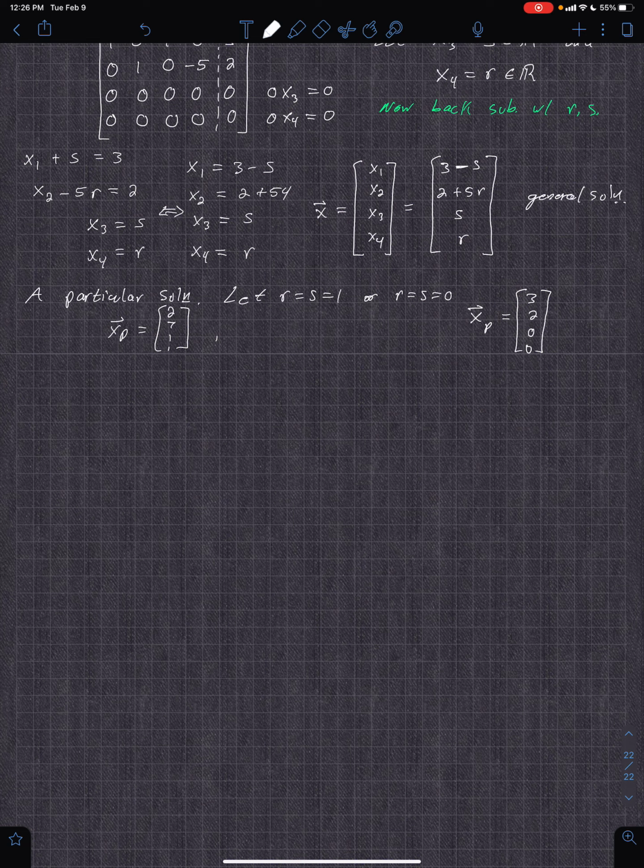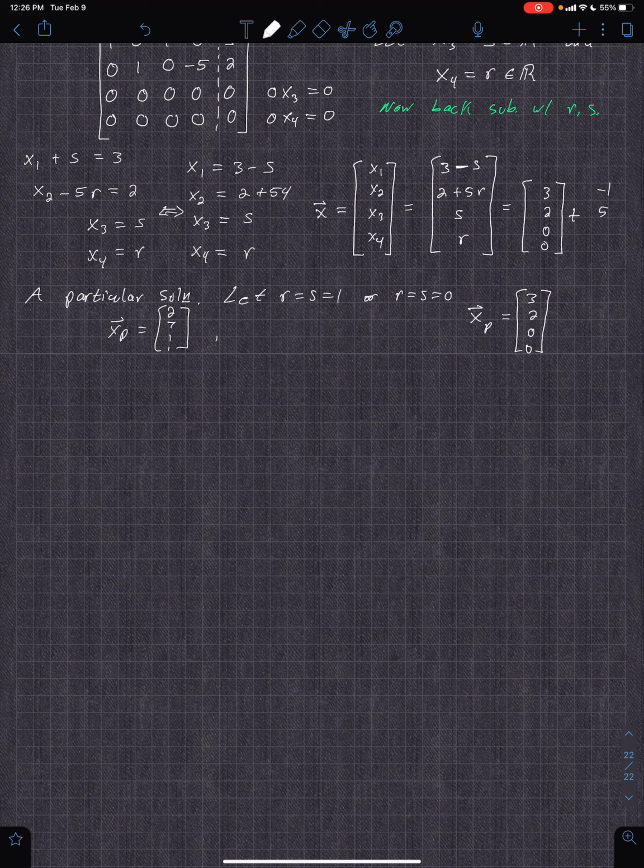And we can break this up as well into that other form. So I mean, I can probably fit it right here. So the general solution, we could simplify this and then say this is equal to essentially this vector 3, 2, 0, 0, and then plus negative 1, 5.